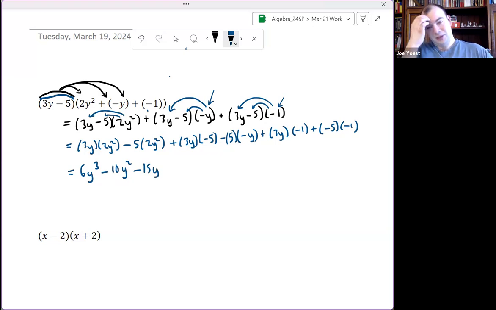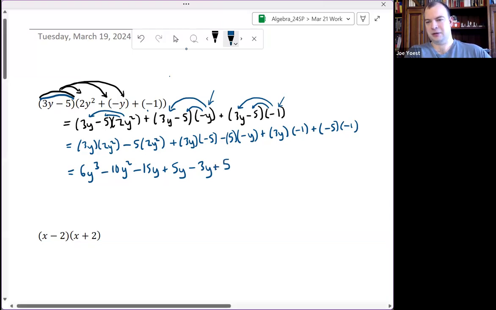Again, just the constants that get multiplied there. Minus 5 times negative y, that's a plus 5y. 3y times minus 1 is just the minus 3y. And then plus a negative 5 times negative 1 is plus 5.